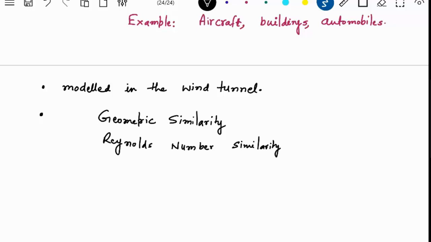Now in this case, gravitational force will not be important, or in other words, gravitational force will not affect the flow pattern, and that's why the Froude number is not important in this case. So we will not consider the Froude number for this situation. Other numbers will also not be included.